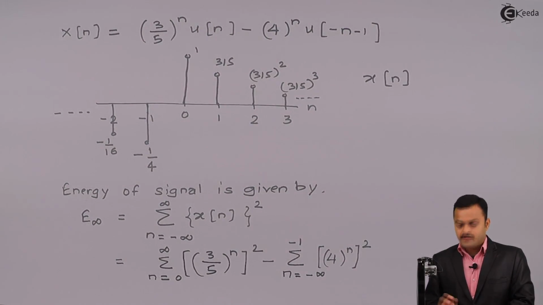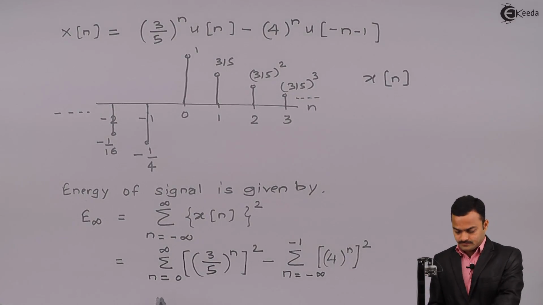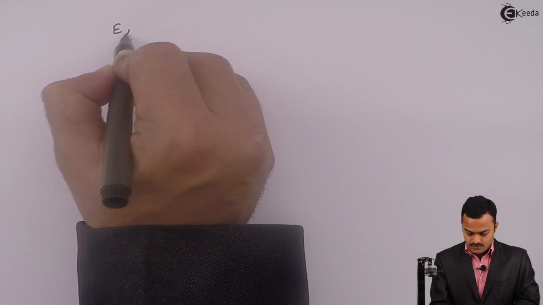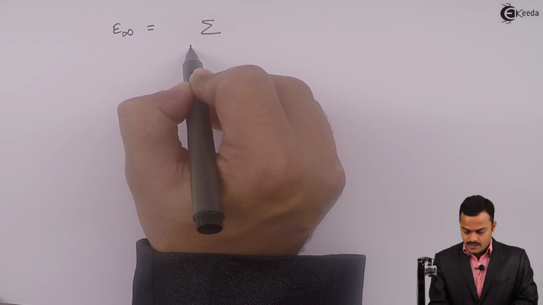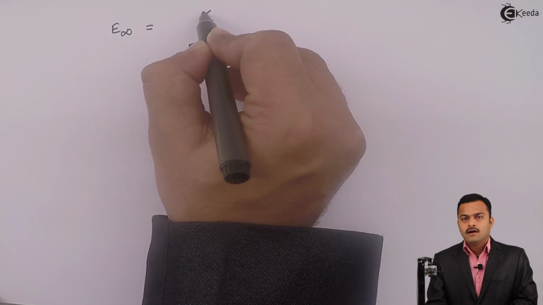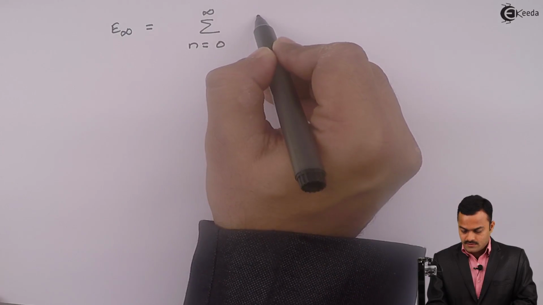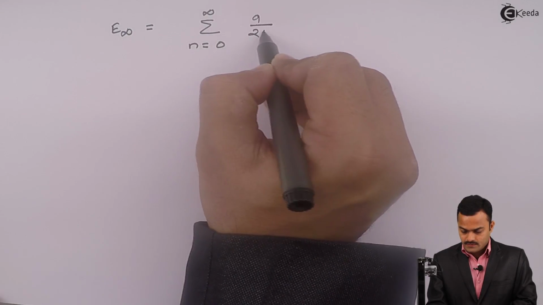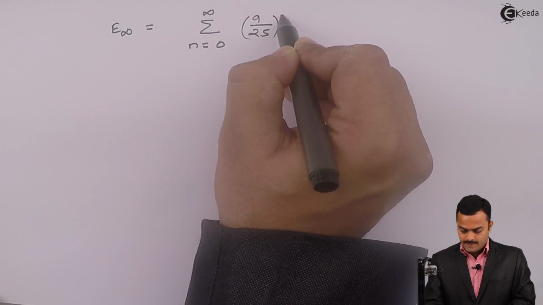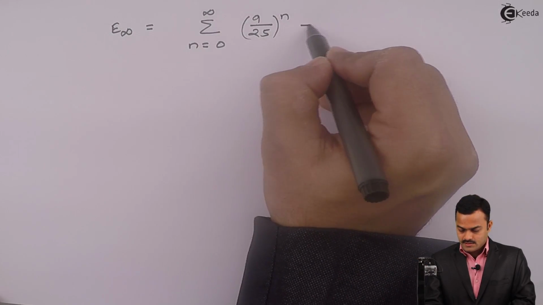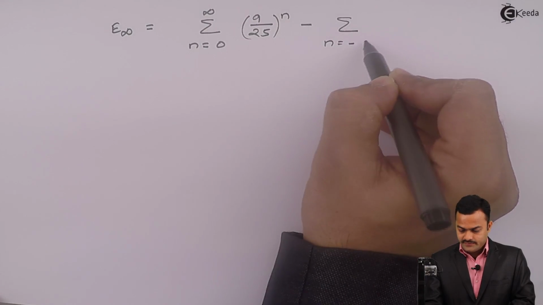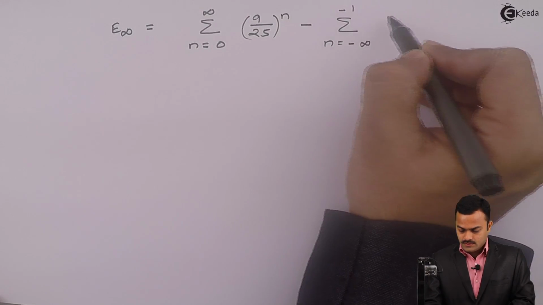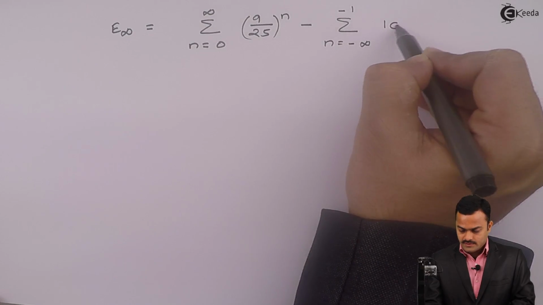Now we have to solve these two summations in order to get the answer. So E infinity equals summation n equal to 0 to infinity of (9/25) raised to n, minus summation n equal to minus infinity to minus 1 of 16 raised to n.